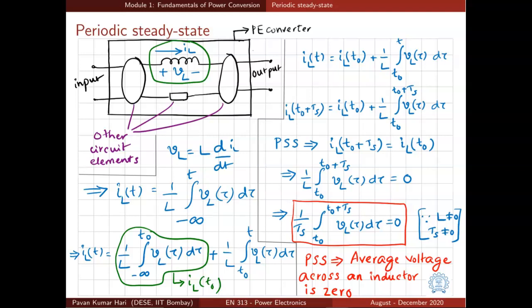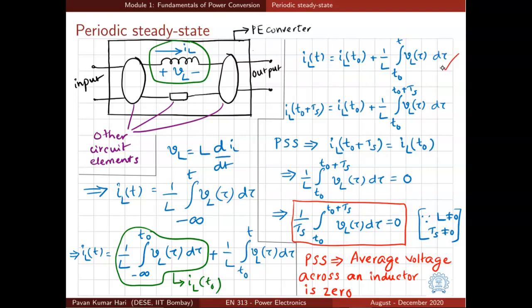So IL of t can be written as 1 by L integral minus infinity to t naught VL of tau d tau plus 1 by L integral t naught to t VL of tau d tau. We have just split the integral. So minus infinity to t naught is one part and t naught to t is the second part. And the first part is nothing but the initial condition, IL of t naught. So now IL of t can be expressed as IL of t naught plus 1 by L integral t naught to t VL of tau d tau.